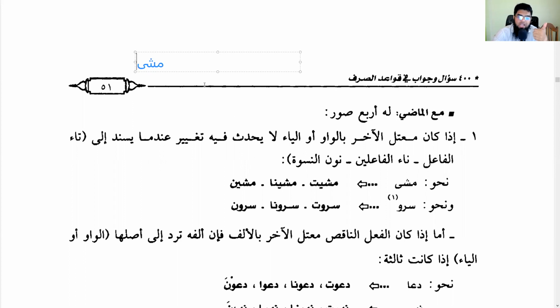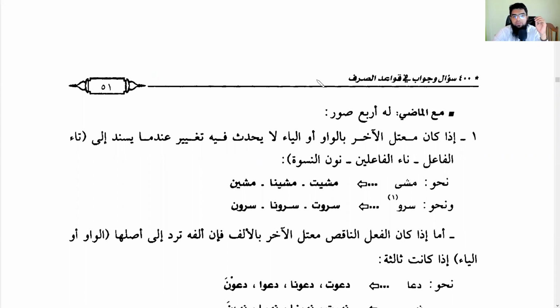One, ta al-fa'il: mashaita, mashaituma, mashaitum. When you attach all this ta al-fa'il, naa al-fa'ilin, mashaina, and nun al-niswa, you don't do anything. You just bring the ta and this alif will become a ya, because it's actually a ya. So just do mashaitu, mashaita, mashaiti, mashaituma, mashaitum, mashaitunna. Don't do anything at all. And naa al-fa'ilin, like mashaina, also no changes at all.